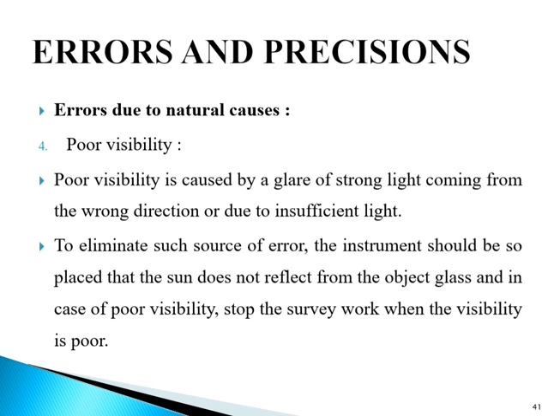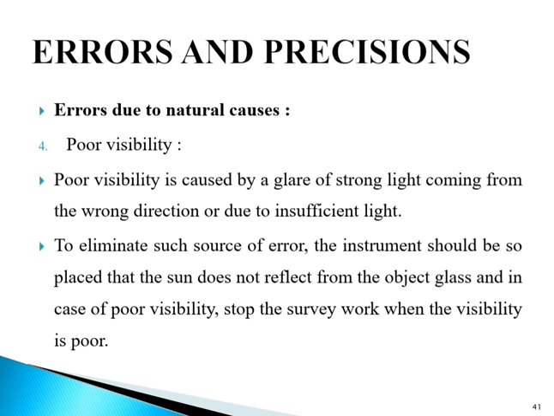Poor visibility is caused by the glare of strong light coming from the wrong direction or due to insufficient light. To eliminate such sources of error, the instrument should be so placed that the sun does not reflect from the object glass, and in case of poor visibility, stop the survey work.